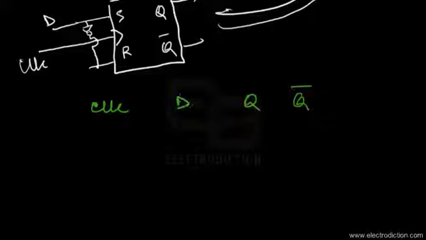In the case of a D flip-flop, let's assume that the Q and Q bar states are 1 and 0. Now if I apply a logic 0 signal at D in the presence of the clock signal, then the output at Q would be reset, or rather Q would switch back from logic 1 to logic 0, and Q bar would change accordingly from 0 to 1.